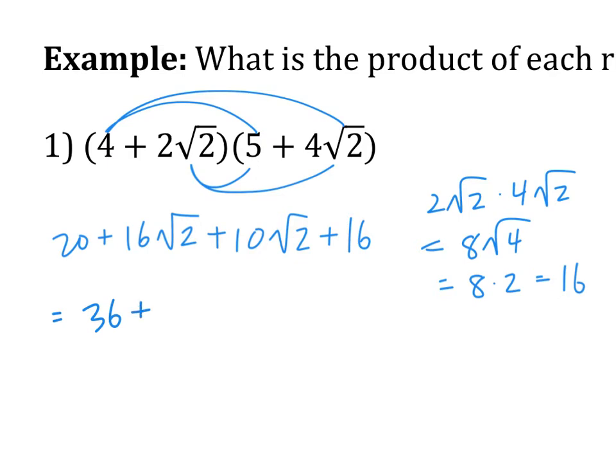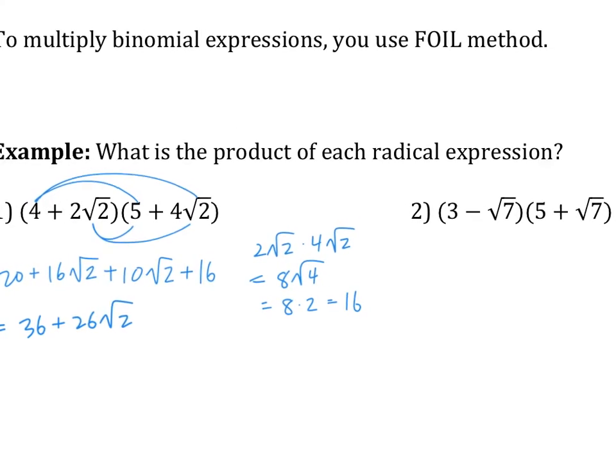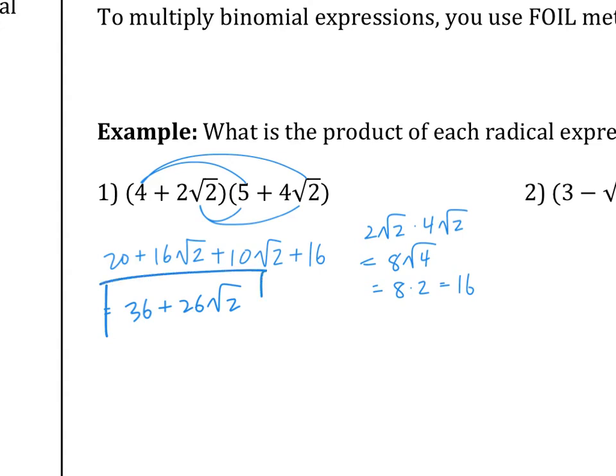Yeah, 26 rad 2. Does it matter which one goes first? Usually the integer goes first, but it doesn't really matter. Okay, let's have you guys practice. Number 2. Is that the answer? That is the answer, because there's nothing else we can do to combine them.